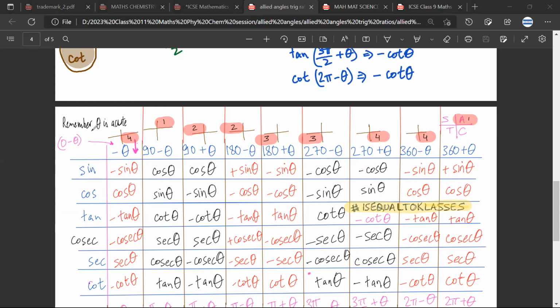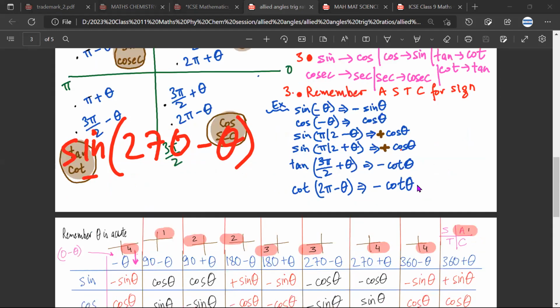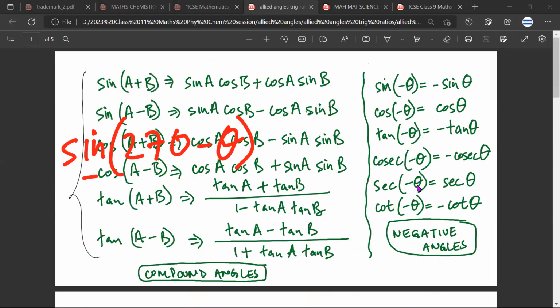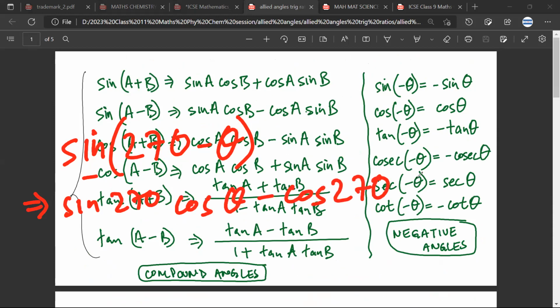Now, I'll tell you the difficulty that you will face. For example, you are calculating sine 270 minus theta. When you are calculating sine 270 minus theta, you will understand that the identity you will have to use is sine A minus B, which equals sine 270 cos theta minus cos 270 sine theta.